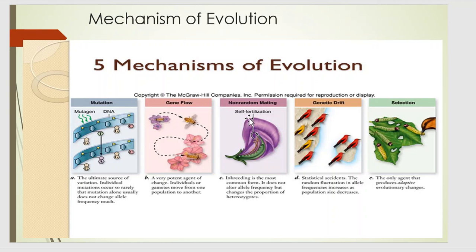Another one is non-random mating. Non-random mating is a process in which, especially when you look at plants, inbreeding is the most common form. It does not alter allelic frequency at all, but it changes the proportion of heterozygotes in the individuals. Organisms, especially animals, pretty much go for non-random mating.